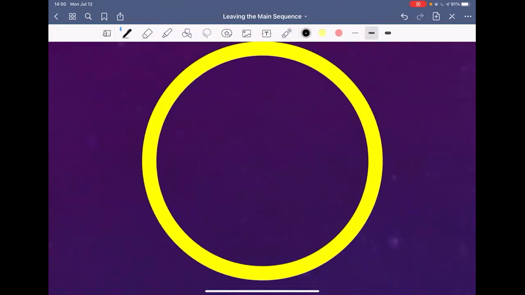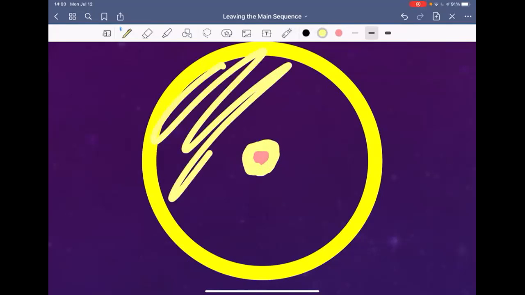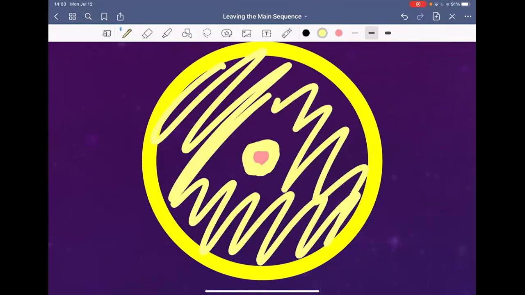As it starts to fuse hydrogen, it turns it into helium. So now what our core looks like is you have this bit of helium in the center, surrounded by your core of hydrogen that's still burning. This is the hydrogen that's still burning, and the rest of the hydrogen is still here. But you see, now our core is different.